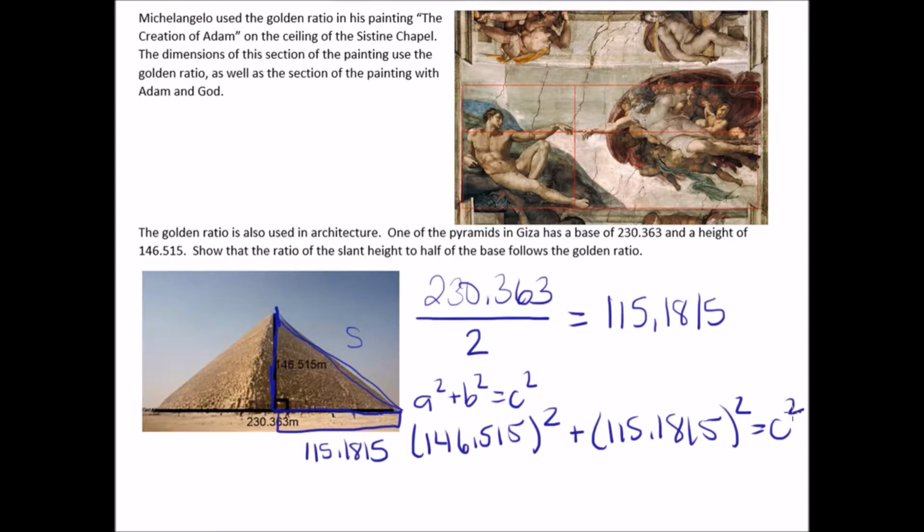Okay, so I'm going to put both of those into my calculator together. Okay, 146.515, I'm going to square that, plus 115.1815, square that. I get 34,733. And I'm not going to write all the numbers out here, but what I'm going to do is leave this on my calculator.